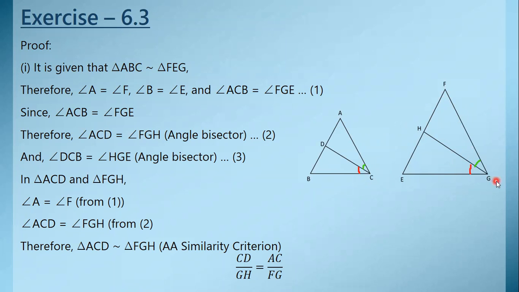So by AA similarity criterion, we can say that these two triangles are similar. That is ACD is similar to FGH, and we can say that CD by GH will be equal to AC by FG.